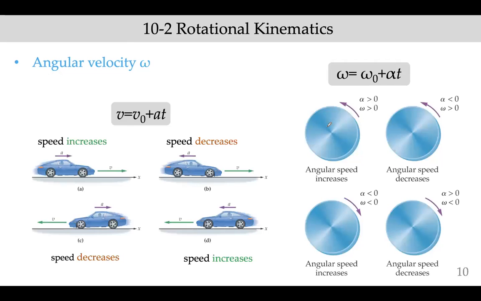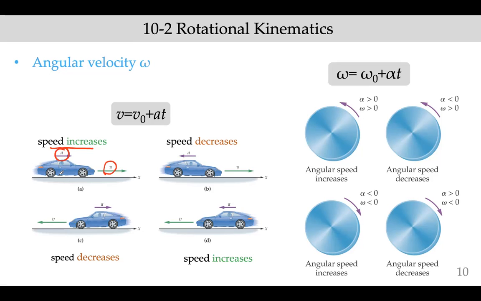Now, when we did linear motion, I had given you these 4 possibilities. If the car was going this way to the right, and the velocity and the acceleration are in the same direction, that would mean the speed of the car would increase.